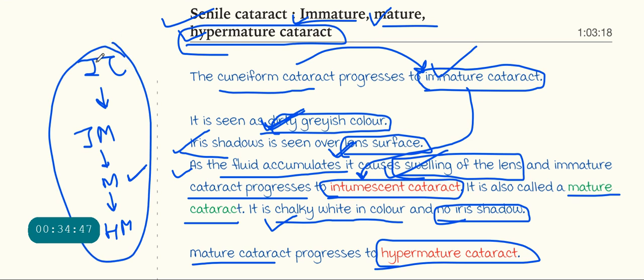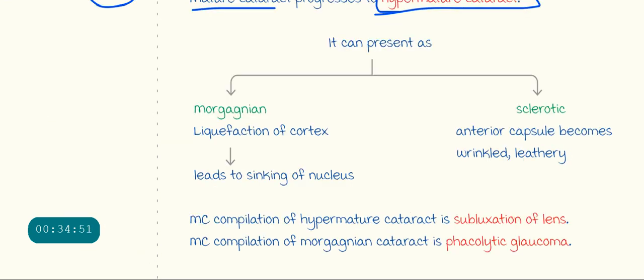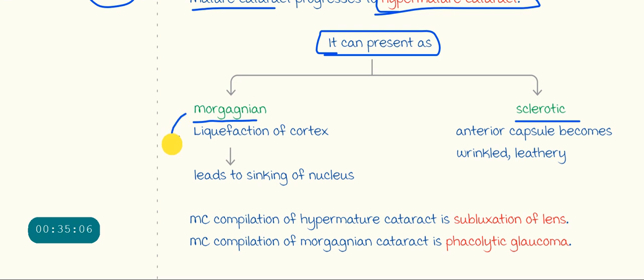Now this senile cataract can present as Morgagnian or sclerotic cataract. In Morgagnian cataract, there would be liquefaction of the cortex.